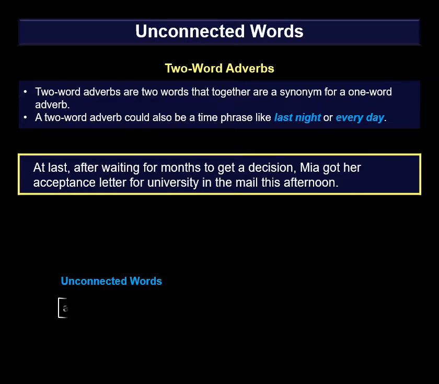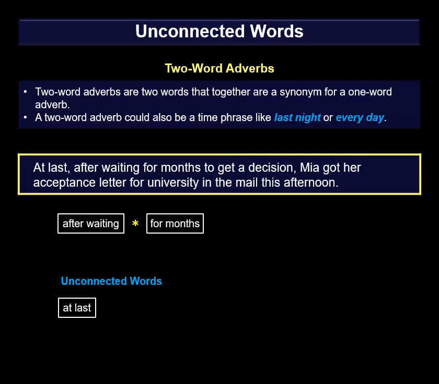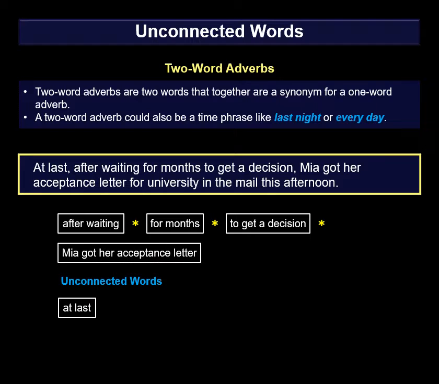Start here with an unconnected word: at last. Together, at last is a two-word adverb. After waiting for months to get a decision, Mia got her acceptance letter for university in the mail.